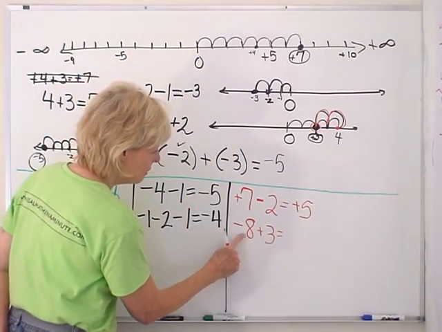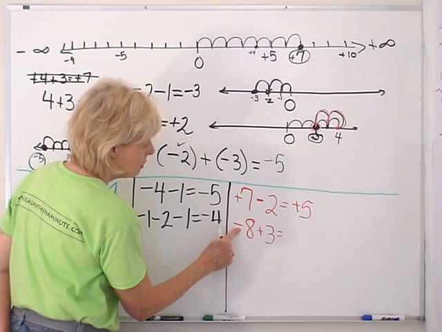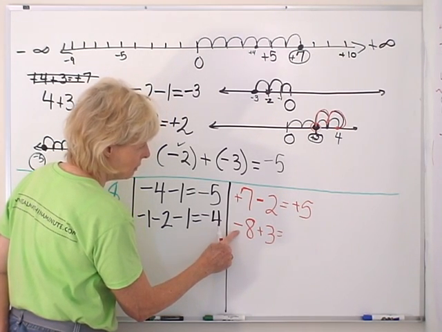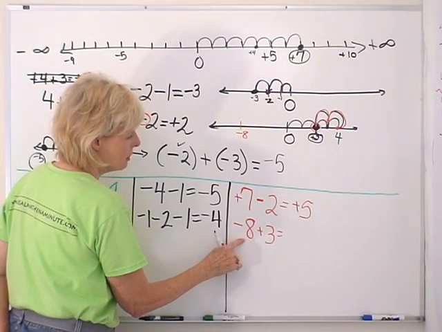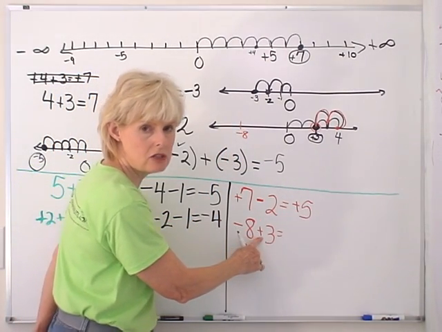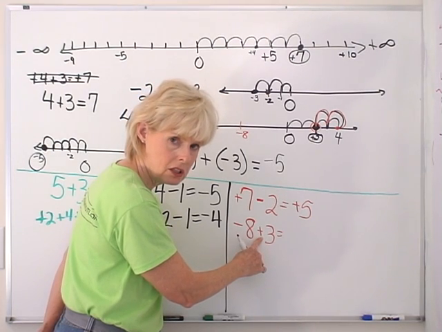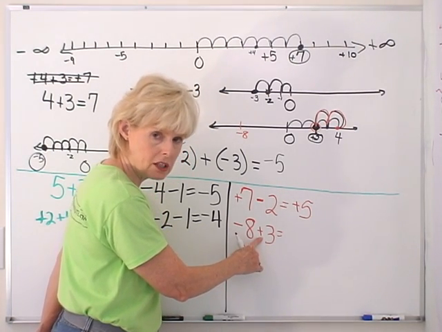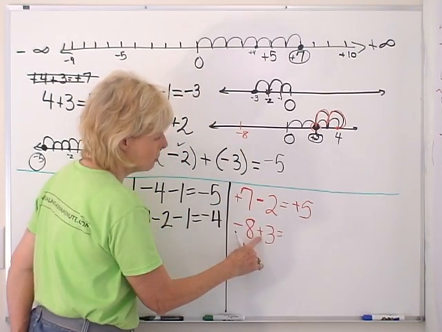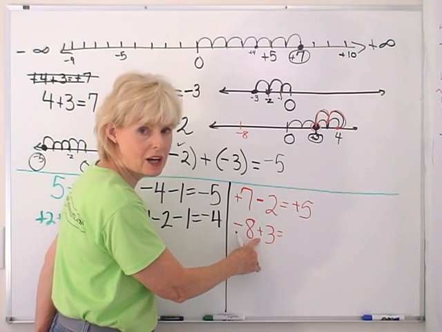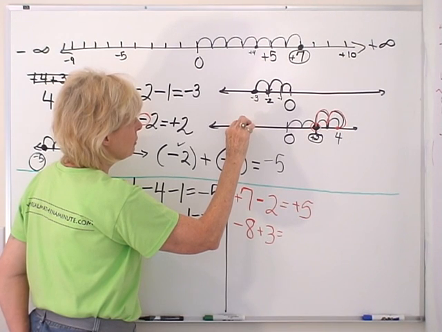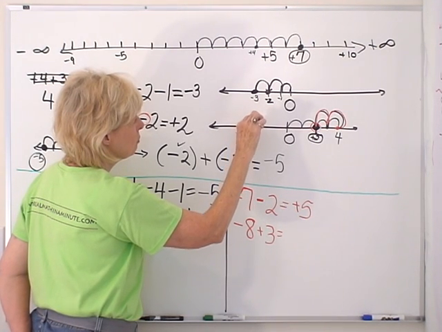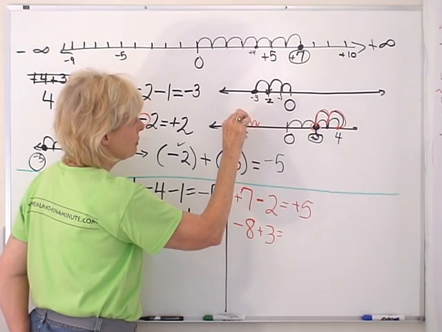We go 8 to the what? Left. So we go 8 to the left. And then if the sign changes, we turn around and go in the other direction. So from -8, we turn around and go positive. That means to the right, 3 jumps. We go 1, 2, 3 that way, because that's to the right.